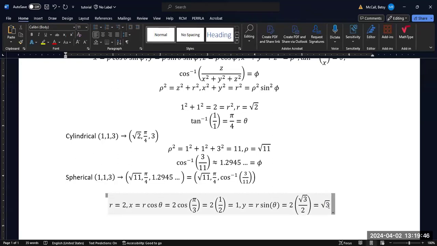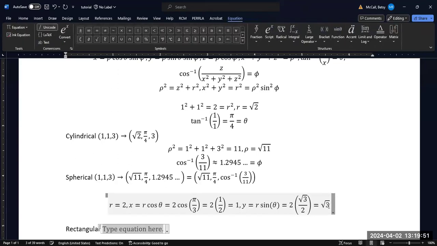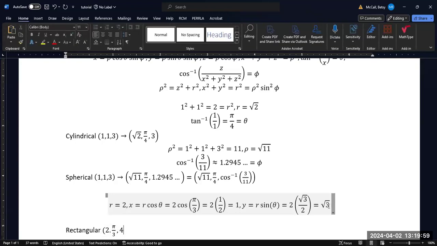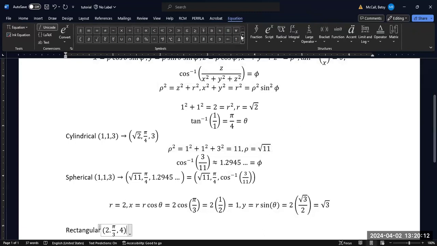And so therefore, in rectangular, the point 2, pi over 3, and 4 will become 1, square root of 3, and 4.